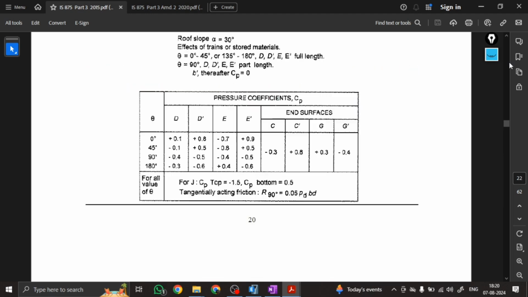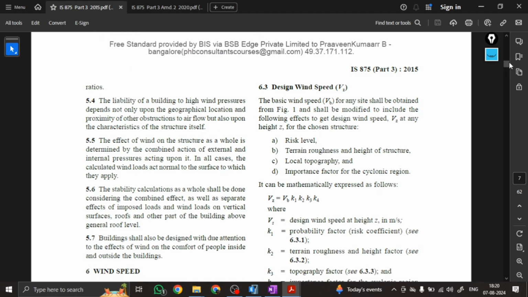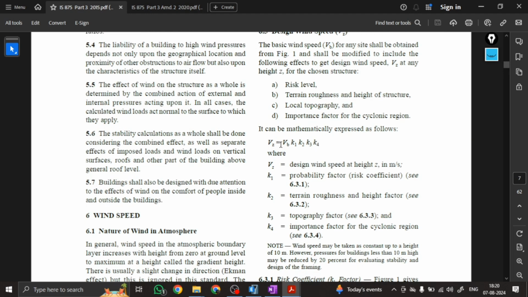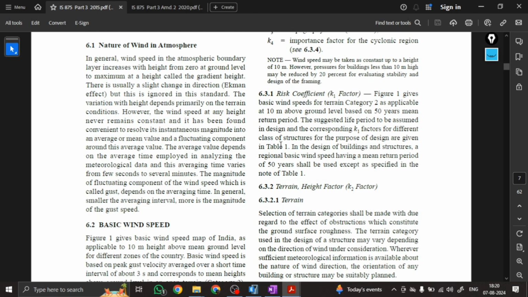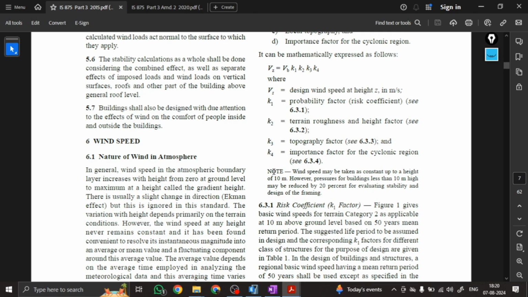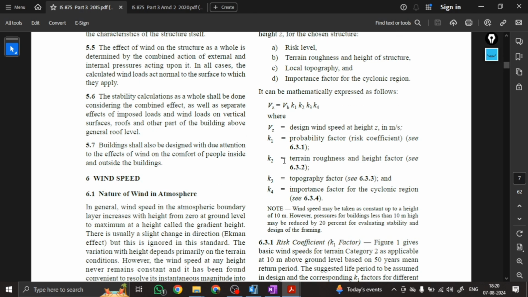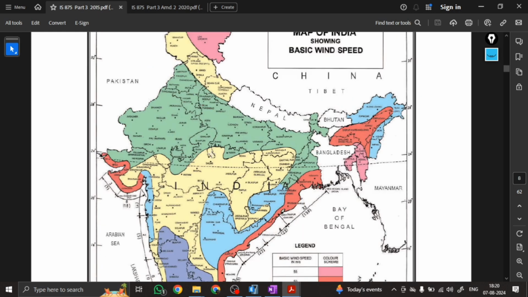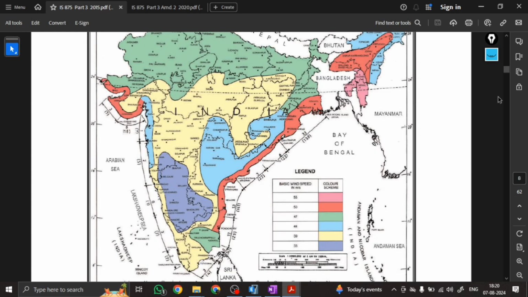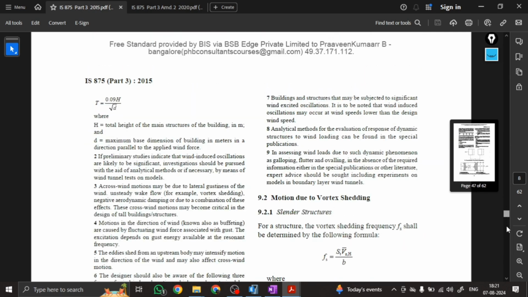Now let's go back. Let's find the wind speed. Our basic wind speed for our building is Vb. Our building is in the Bangalore region.